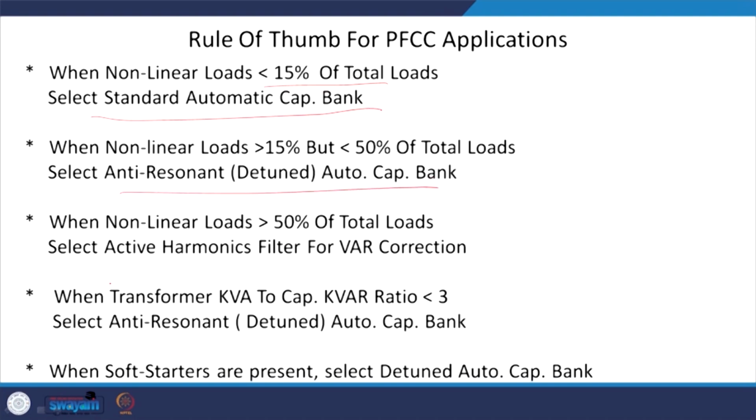When load is more than 50%, select an active harmonic filter or VAR correction. When transformer kVA or capacitor is around 3%, select anti-resonant or detuned capacitor. When soft starters are present, select detuned auto cap. So, thus I conclude my discussions here, and there are a few case studies which we will be discussing later. Thank you for your attention.